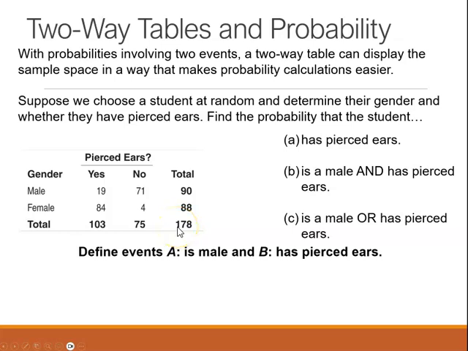How about male and pierced ears? What would that probability be? 19 out of 178. Very good. Are these mutually exclusive events? No, right? Because there are 19 people that have both attributes. Everybody's cool?